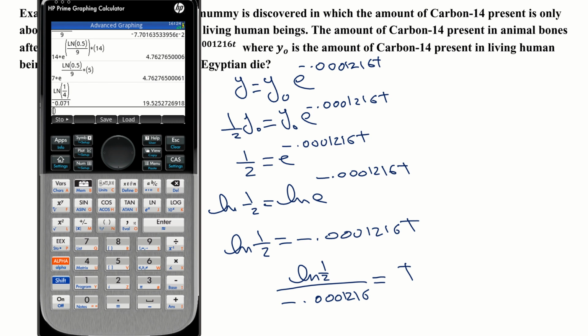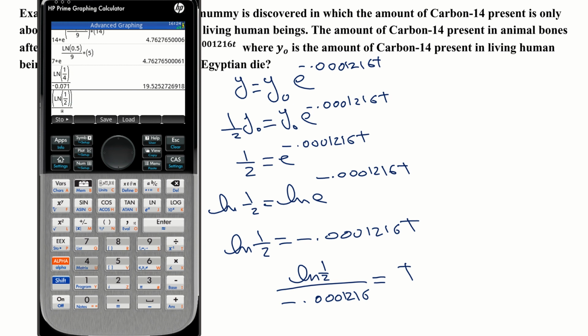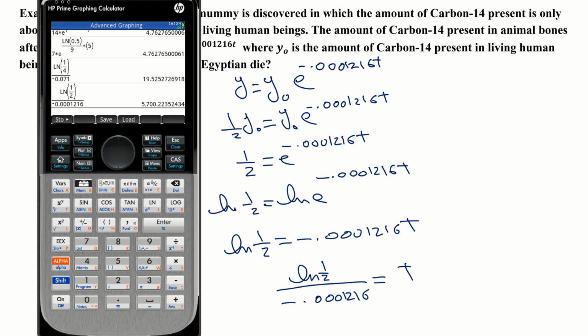Okay, so again, we'll start with parentheses to contain our numerator. So we put ln of 1/2. We exit both of those parentheses and we hit divide, and then we put negative 0.0001216. All right, so there it is. Let's say we're rounding to the nearest year, right?